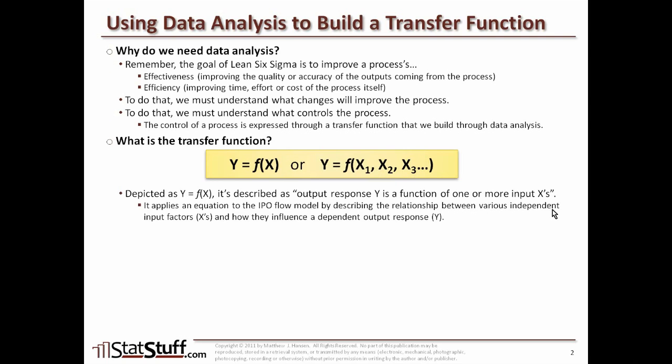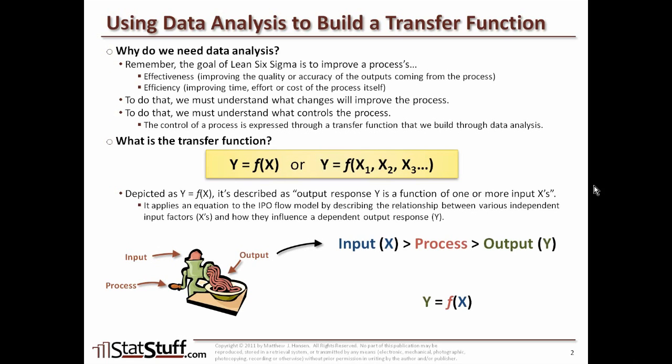That sounds a bit technical, but let's break that down into more simple terms. If you recall, we talked about the IPO flow model where we had input flowing into some sort of machine that creates some sort of process to finally create some sort of output from it. We might translate that as input, process, output, the IPO flow model.